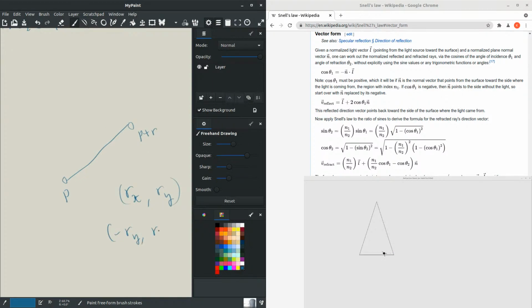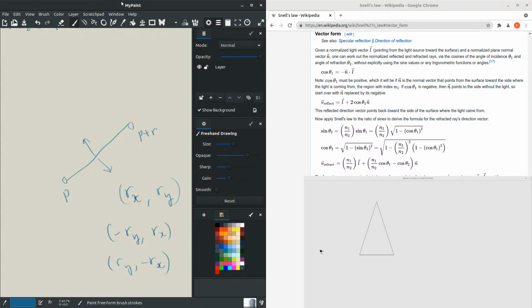So there are two normals, one pointing this way and one pointing this way. I guess the first one is this one, and the second one is this one.